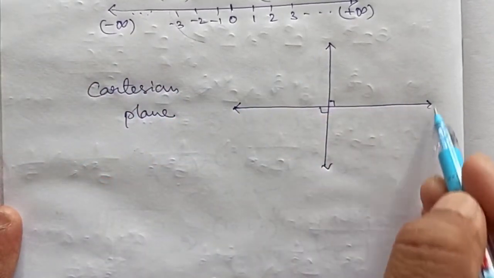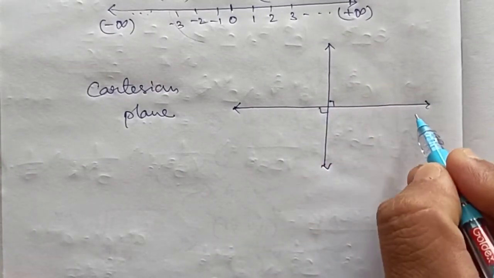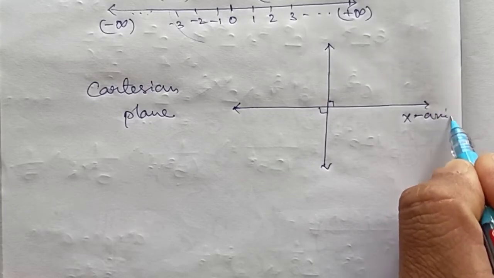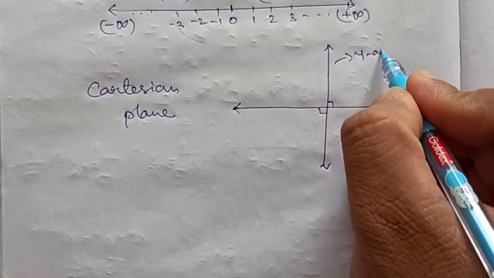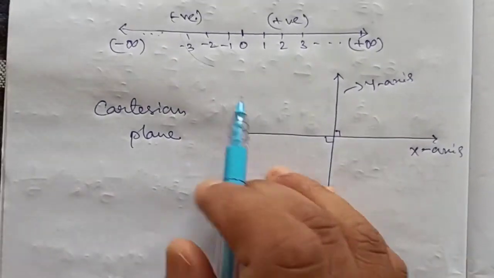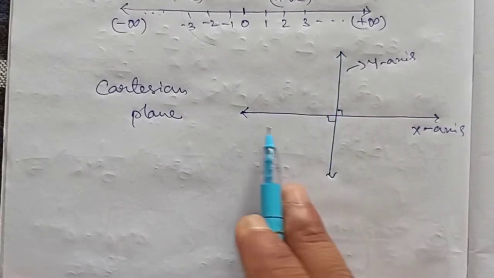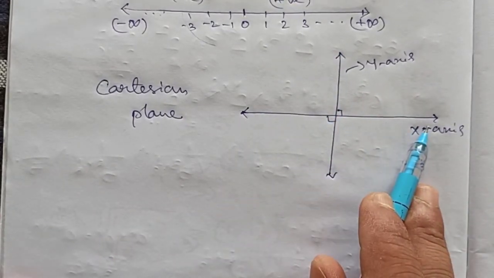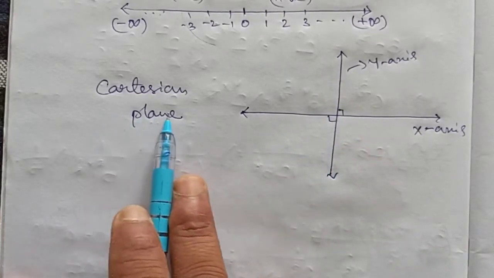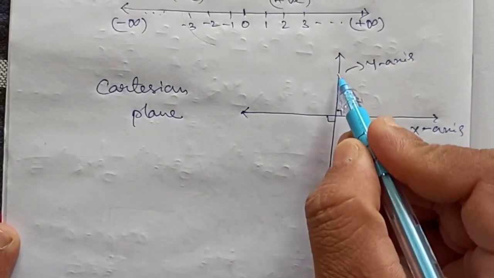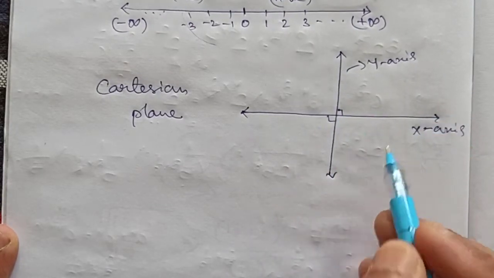In this plane, the horizontal number line is called the x-axis, and the vertical number line is called the y-axis. Getting? A simple straight line is called a number line. When two number lines intersect each other, it becomes a Cartesian plane, where the vertical line is the y-axis and the horizontal line is the x-axis.